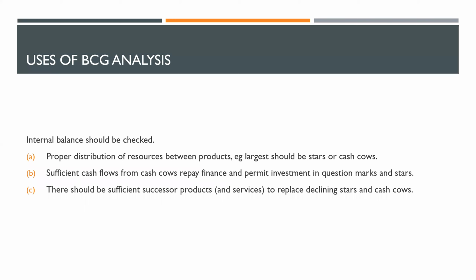And as for the usage, you will talk about proper distribution of resources. You will talk about that cash cows and dogs need to provide cash, so the company needs to make sure that these cash inflows are sufficient to finance other products or other business units, and the portfolio should be balanced.